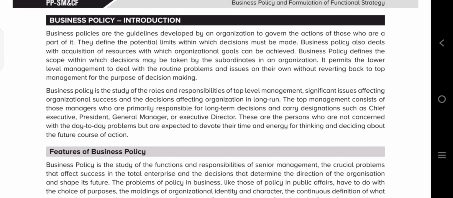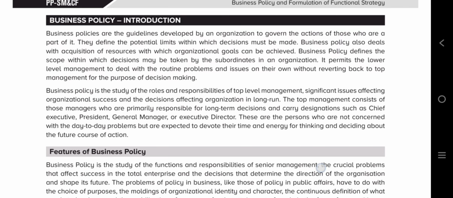Business policy features: specific, clear, reliable and uniform, appropriate, simple, inclusive, flexible, stable. The policy should be very much clear, to the point, uniform throughout, and flexible.